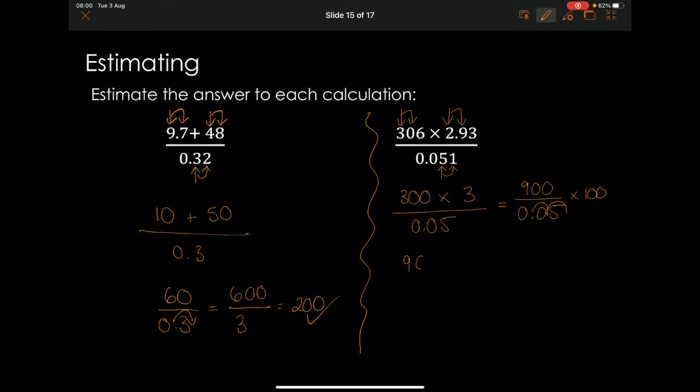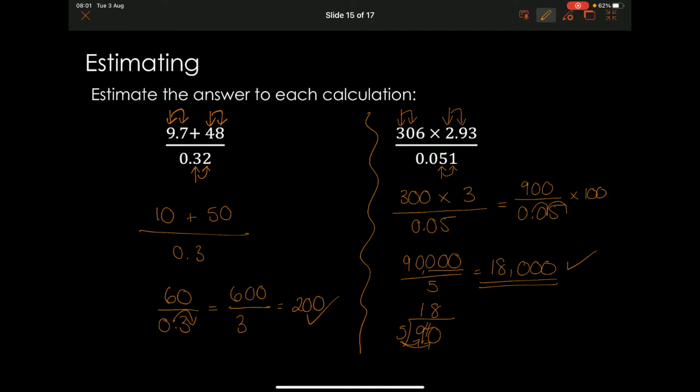So 900 times 100, I add on 2 zeros, and 0.05 times 100 is 5. So you've got 90,000 divided by 5. Again, sounds mad, but if we do 90 divided by 5, how many 5s into 9 is 1, remainder 4. So you've got 40. How many 5s into 40 is 8. So your answer is 18, but then you've got these 3 zeros. So your answer is 18,000.